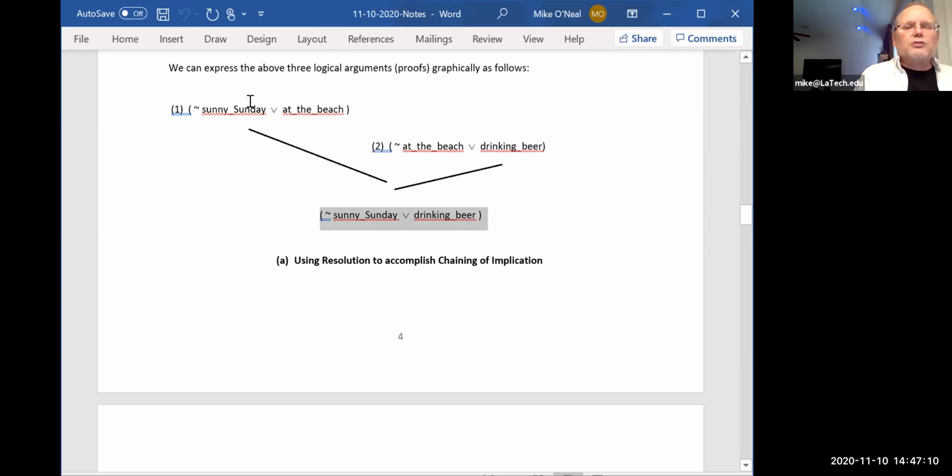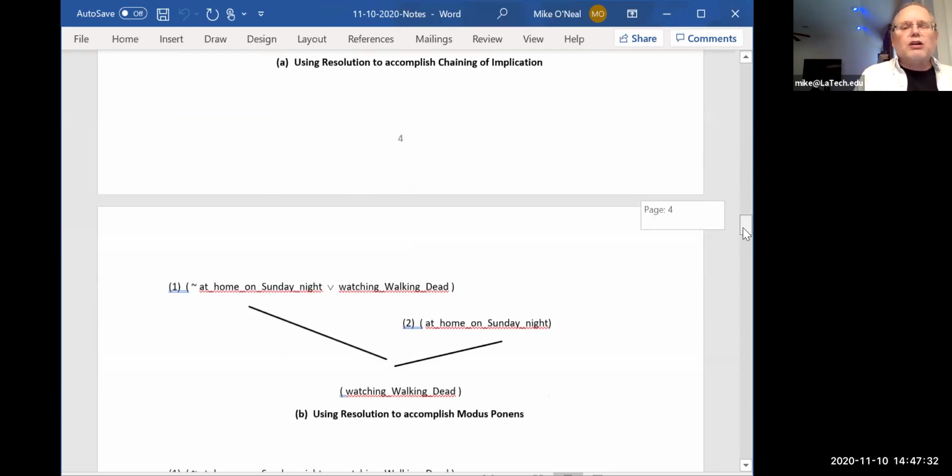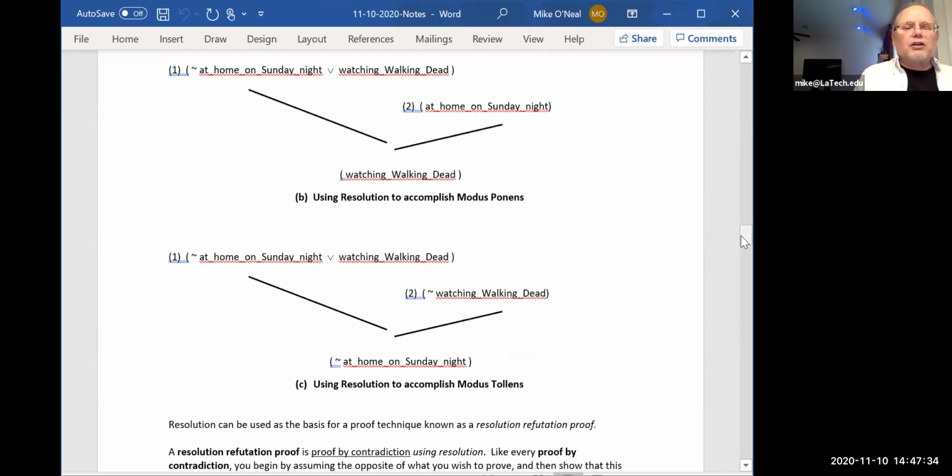So clause 1 and clause 2 can be merged because they share a term. One is negated, the other is not. Once you bring these two clauses together and cancel the conflicting terms, in this case you're left with not sunny Sunday or drinking beer, which was our chaining of implication. So we've already done these. I'm just showing that you can illustrate them graphically.